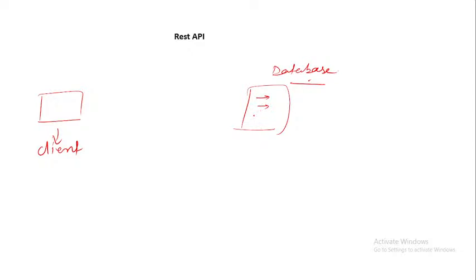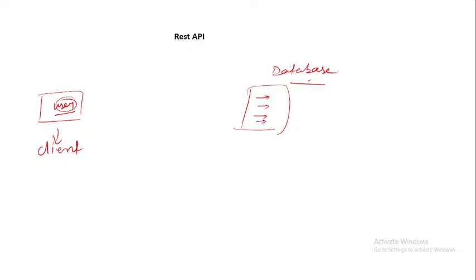Let's say you are the user, and you want to obtain the data from this database. How can we get it, and in which format? There should be a gateway so that you can communicate with your database. So this is one of the gateways, REST API, where you put some request.